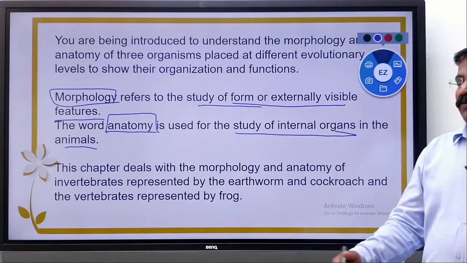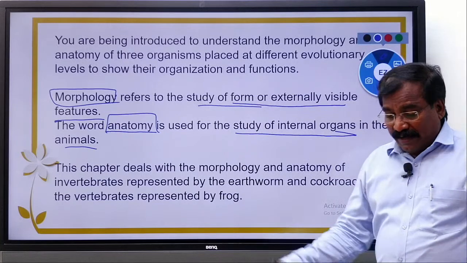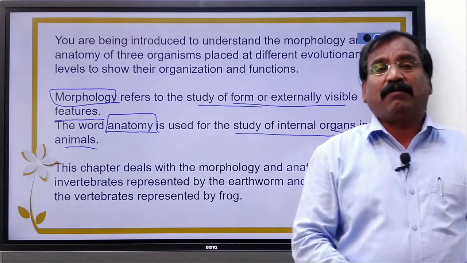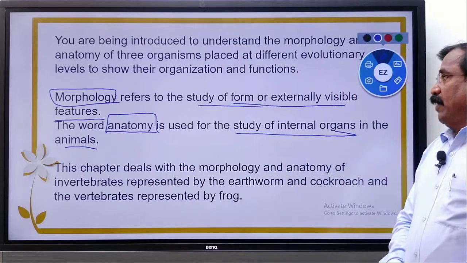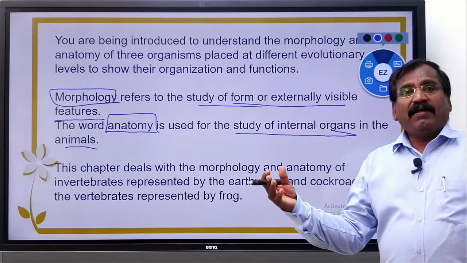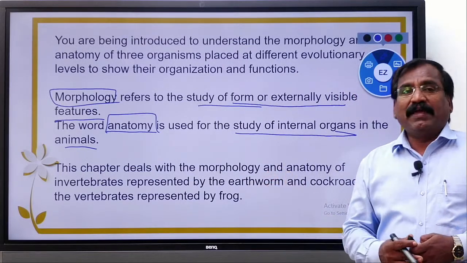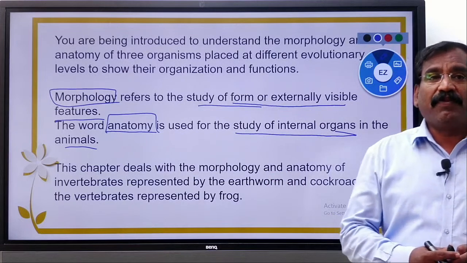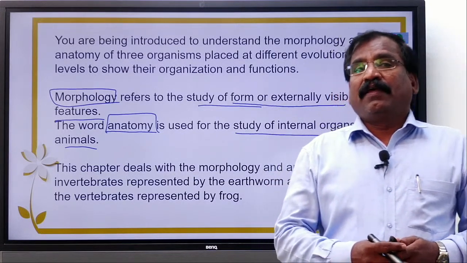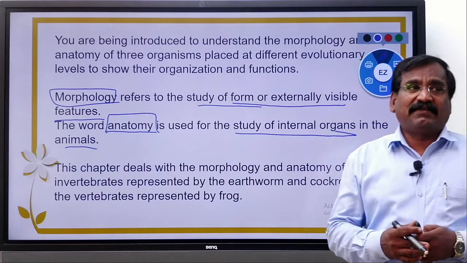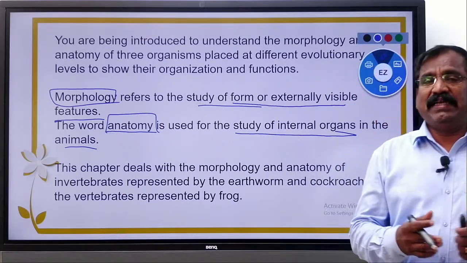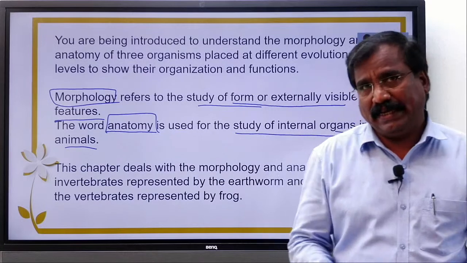We already discussed the classification of organisms. The earthworm belongs to the phylum Annelida. Some general characteristic features we have discussed, so in this chapter we are going to discuss them in detail.